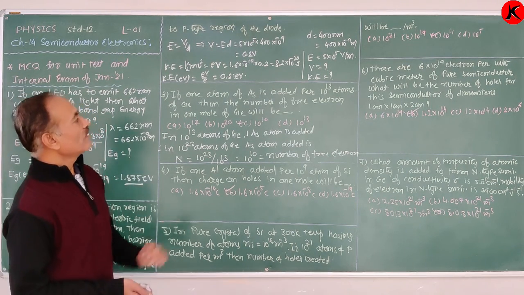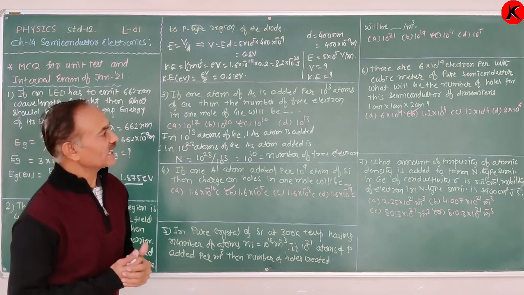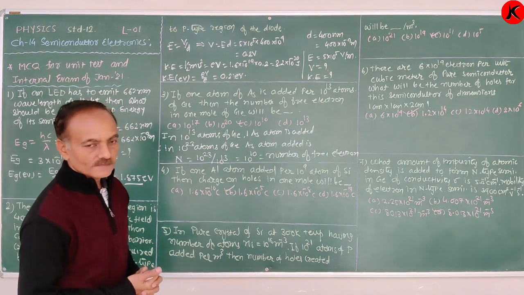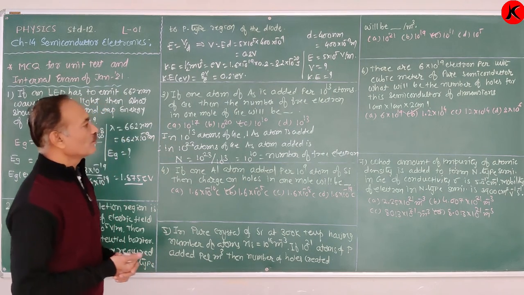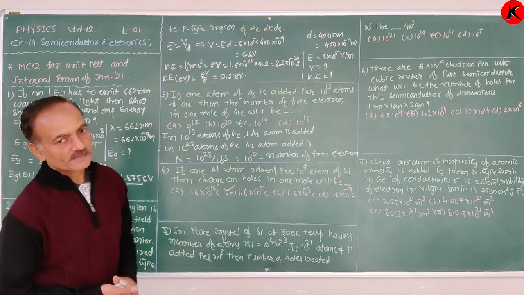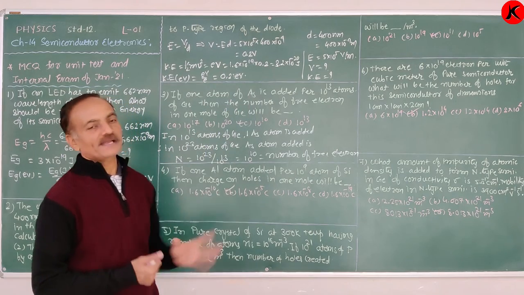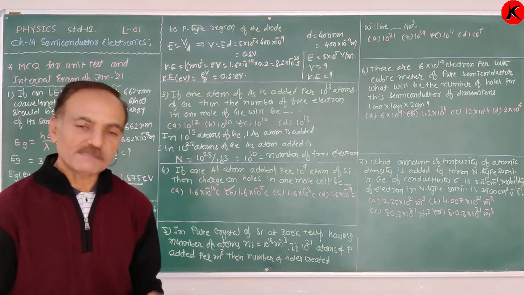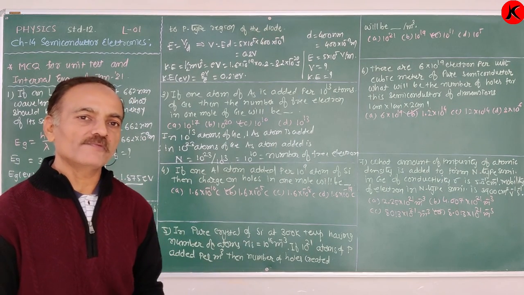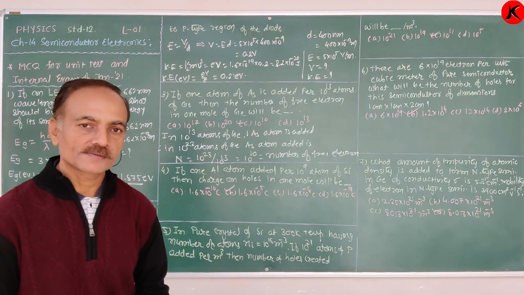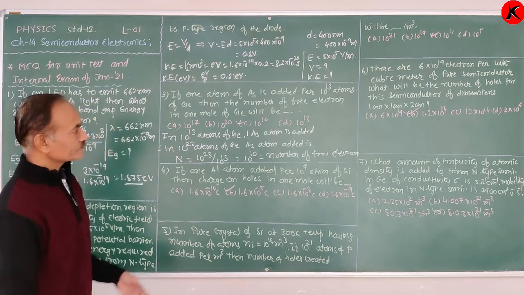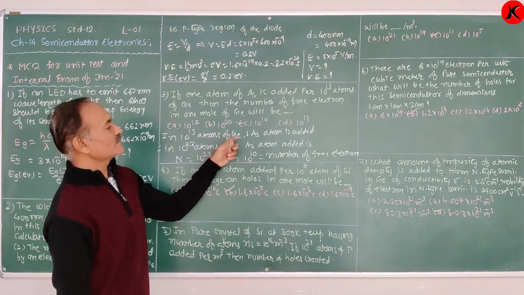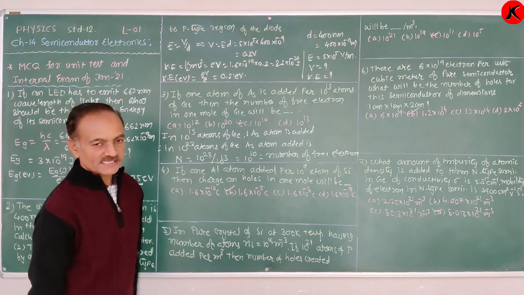So here, if one atom of arsenic is added per 10 to the power 13 atoms of pure germanium, then to find the number of free electrons in 1 mole of germanium: first, arsenic is a pentavalent impurity atom, that is, a donor impurity atom. That means per one arsenic atom we get 1 free electron. Right? Okay. That means per 10 to the power 13 atoms of germanium, one arsenic atom is added.